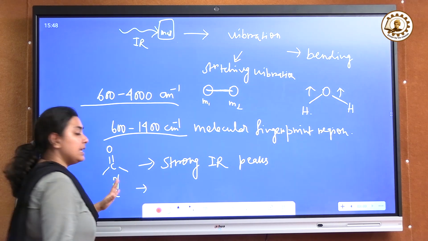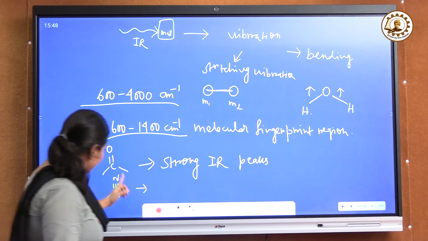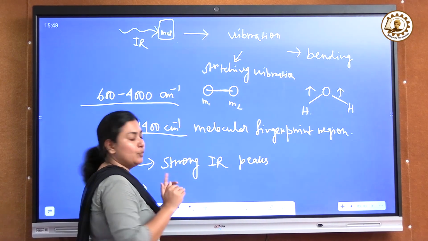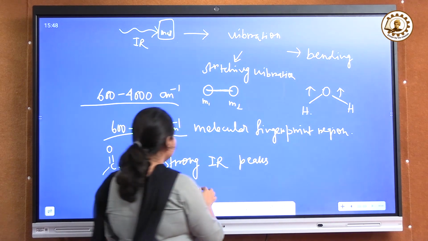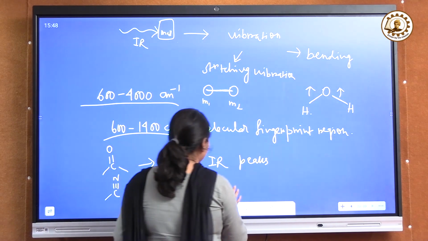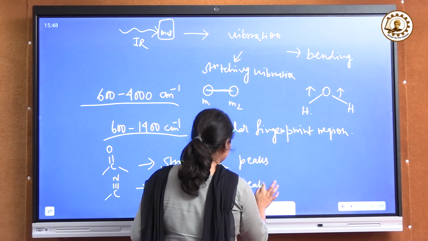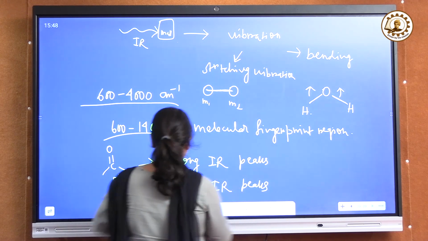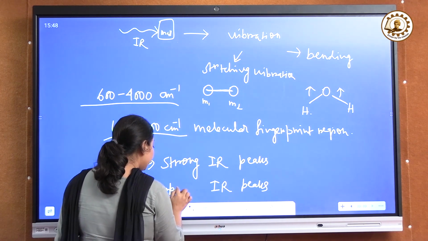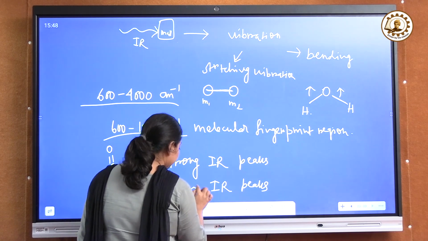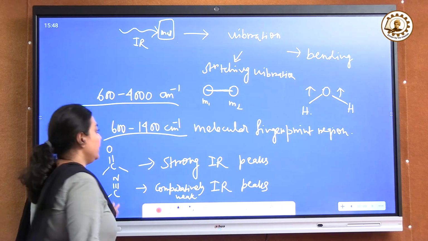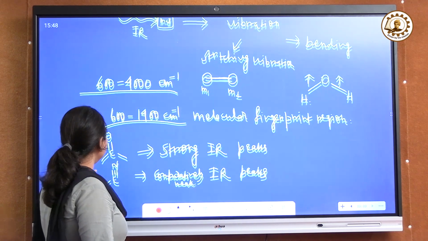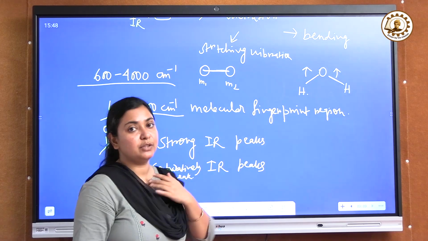So CN is less polar compared to CO, so it will give comparatively weak, or we can say moderate, IR peaks. This is comparatively weak. Okay, so that's how we can determine the IR spectroscopy.